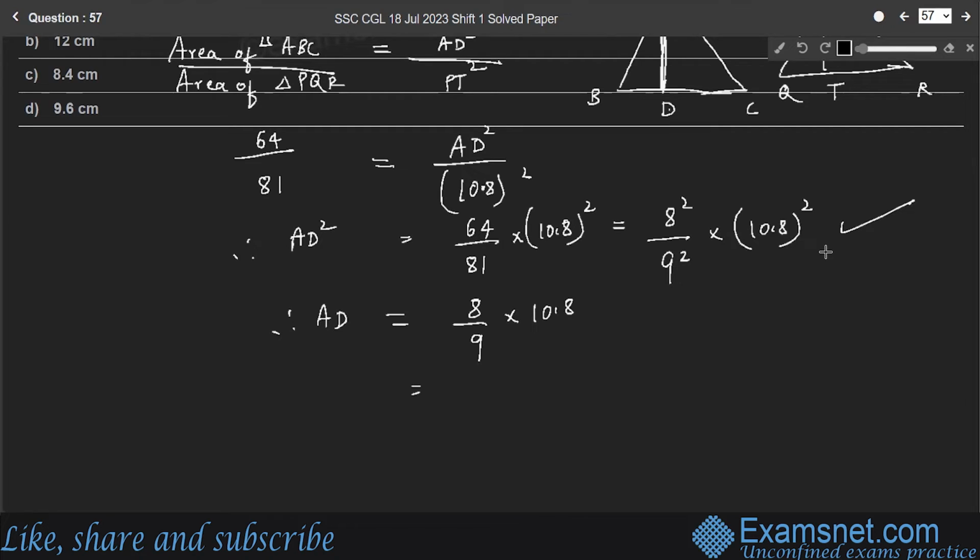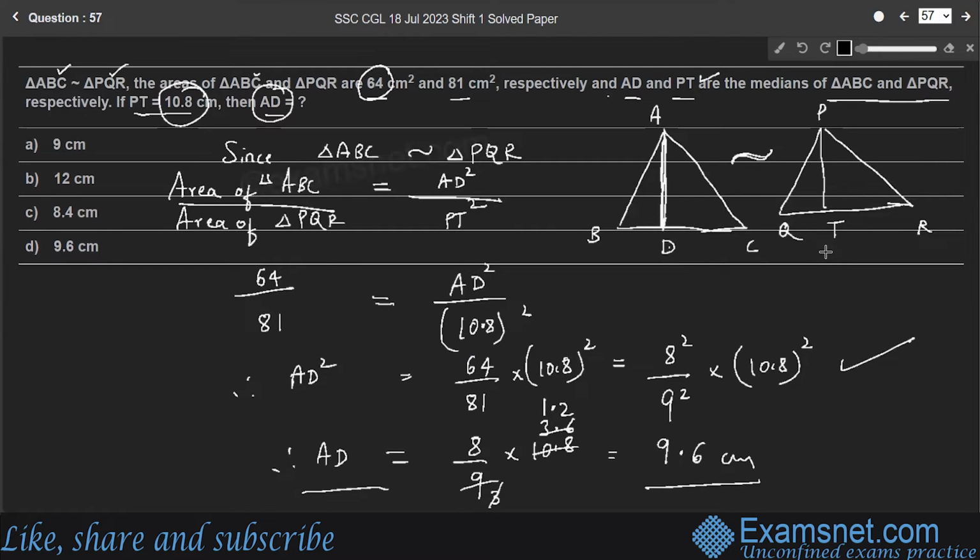You can simplify it: 3 into 3 is 9, 3 into 3, 3 into 6. Again you can simplify, 3 into 1, 1.2. So 9.6 is the value of AD. So the median of triangle ABC is 9.6 centimeter. So option D is the right answer.